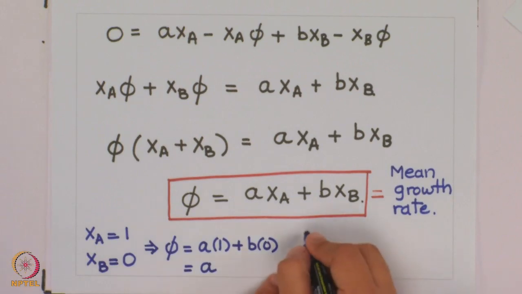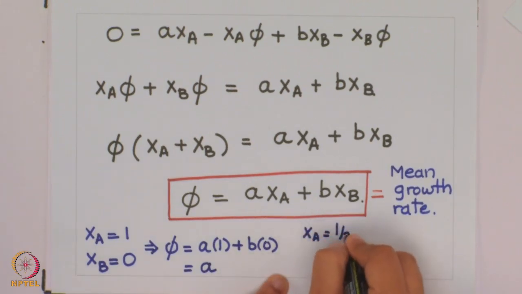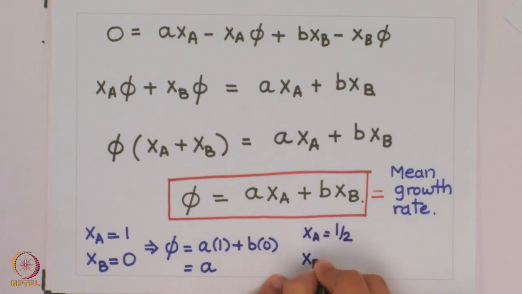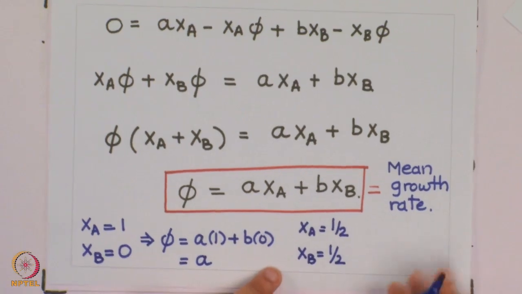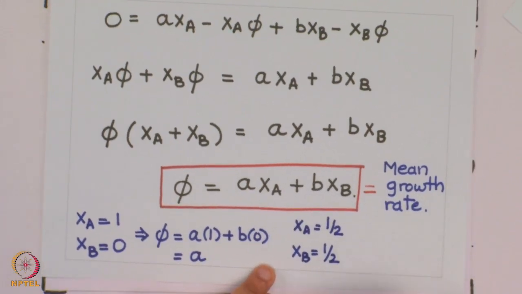On the other hand, if xa is equal to half and xb is equal to half, because their sum has to be equal to 1, we have already derived that, then what is the mean growth rate that you associate with this culture, which has half the cells growing at rate a, half the cells growing at rate b?